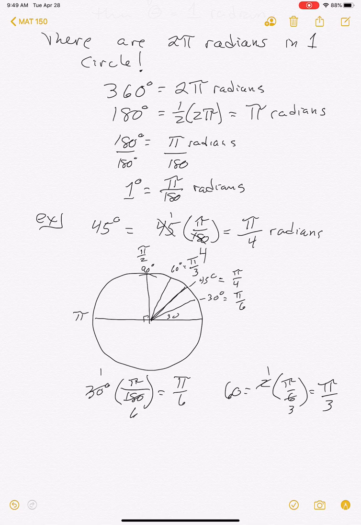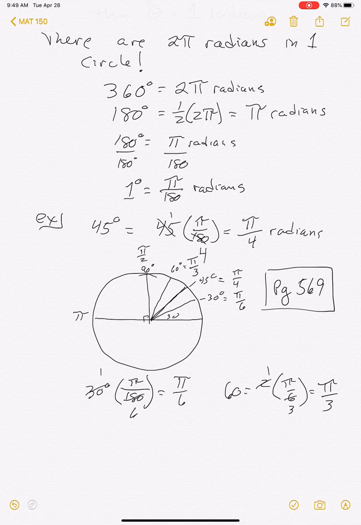If you turn to page 569, you'll see a circle that has a whole bunch of these angle to radian measures, because some are more popular than others. You don't have to memorize 20 degrees or 15 degrees, but it does help if you remember 30, 45, 60, and 90, and from there you can work backwards to figure anything out.